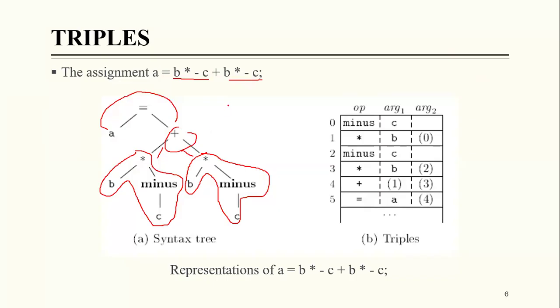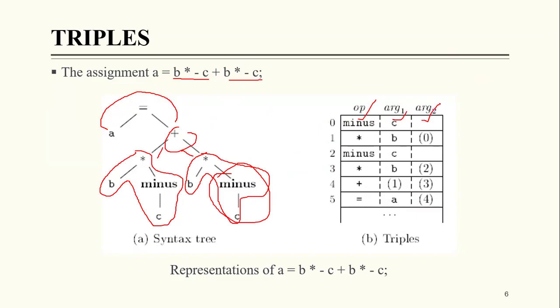However, we can also take the same three-address code to triple form, implementing the three-address code in triples form. Initially, what we did was the unary minus: minus c. So minus is the operator, argument 1 is c, and we will not use argument 2.